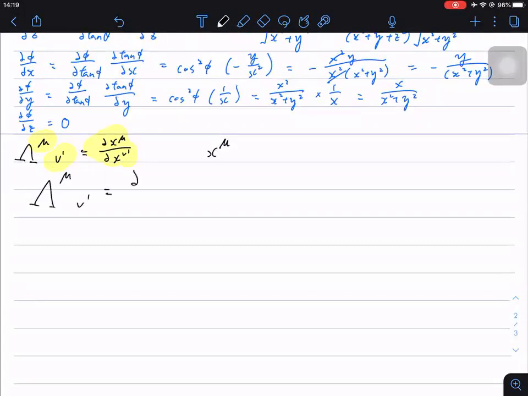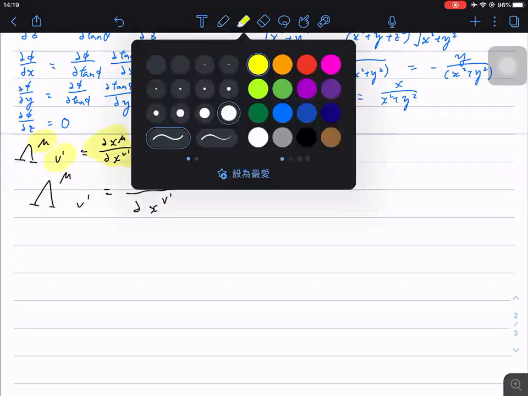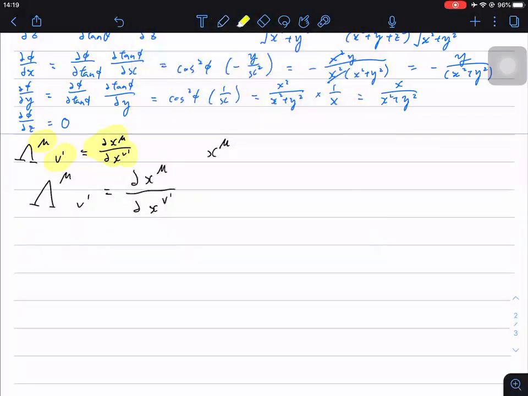So by definition, the transformation matrix is the partial derivative between two different coordinate systems. The mu here corresponds to the old x mu, or in our case, the Cartesian coordinate.